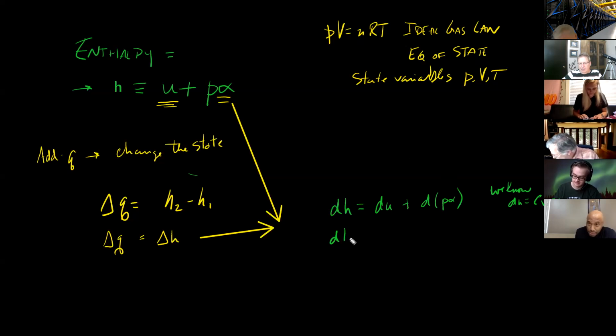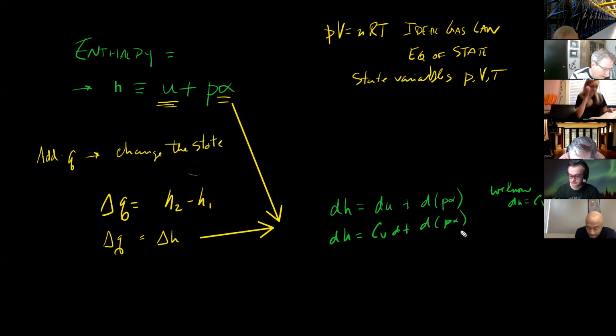So we go dH equals CV dt plus dP alpha. Right? Because that's 3.4. And combined with 3.43. Well, what's 3.43?